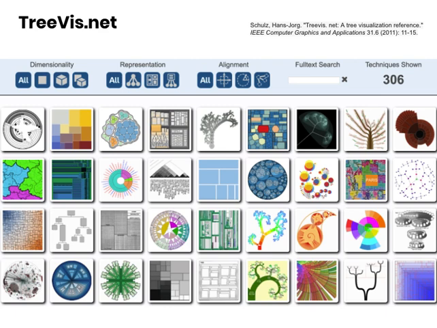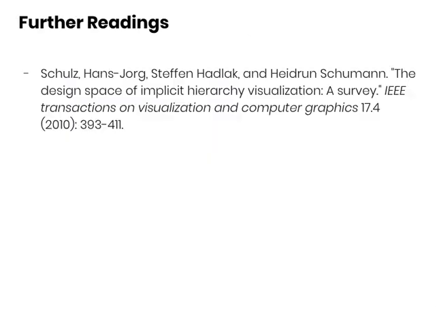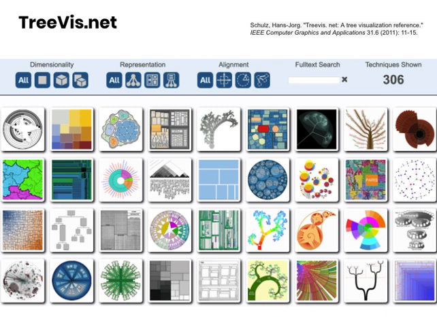So have a look at this. There is a small paper that comes with the website, which is called the Design Space of Implicit Hierarchy Visualizations, a survey. I couldn't find any other survey on trees so far, but the amount of techniques seen on this website clearly shows that there are many different techniques.